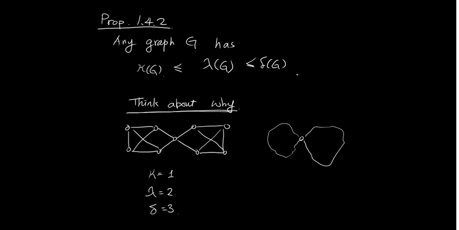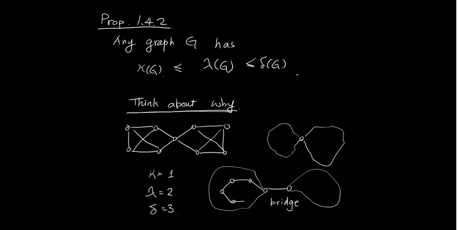Right? For example, this kind of thing is called a bridge. Okay. And if you have something on the left hand side, something on the right hand side, and there is only one edge in the middle, a bridge, then lambda is equal to 1. And it's very easy to just create a graph that has a high minimum degree.